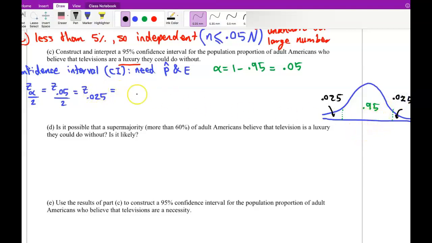So to find the Z, the Z means I have the area to the right. To find area to the right, instead we should consider the area to the left. So using the table, here I have 0.95 plus 0.025. Now what that means, I have 0.975 for the area.